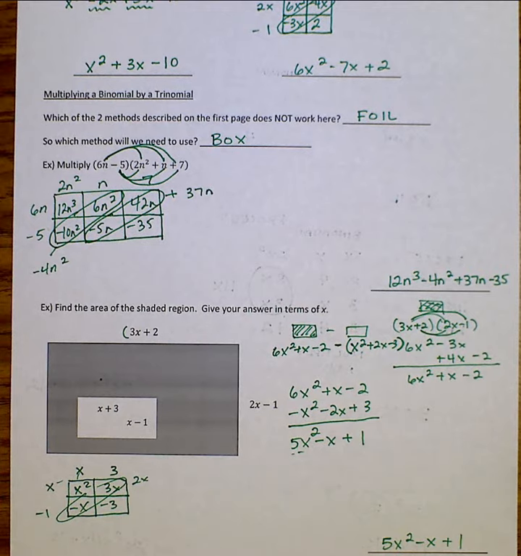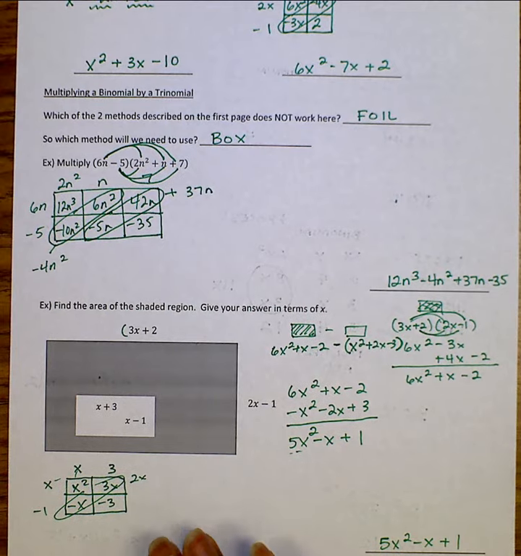All right, that's multiplying binomials and trinomials. Box method, FOIL, find a method that you like and stick with it. Typically, I will not demand that you use one or the other method, but you need to make sure that you get comfortable using either one.